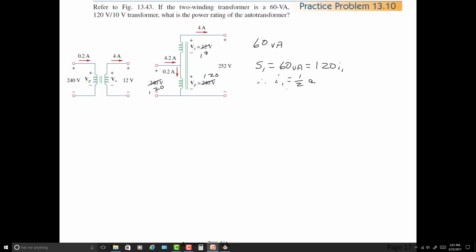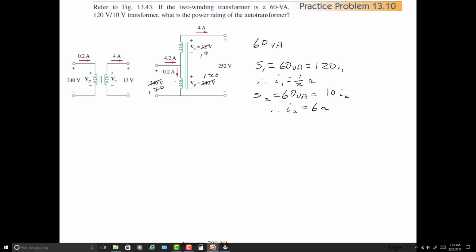Now S2 also is 60 volt amps, and that's 10 volts times I2. So I2 is equal to 6 amps.